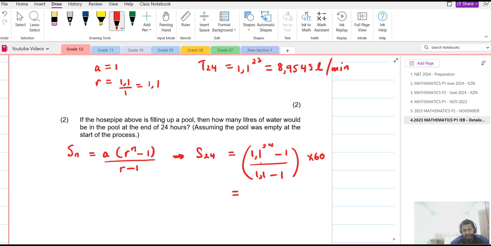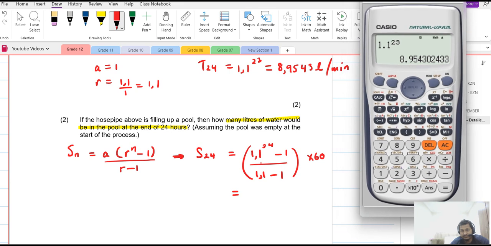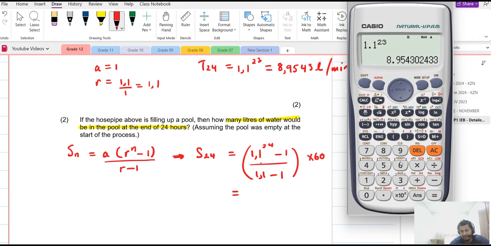Right, so let's work this out. How many liters of water will be in the pool at the end of 24 hours? We're going to work this out on the calculator. Let me bring the 60 to the front: 60 times 1.1 to the power 24 minus 1, divided by 1.1 minus 1.